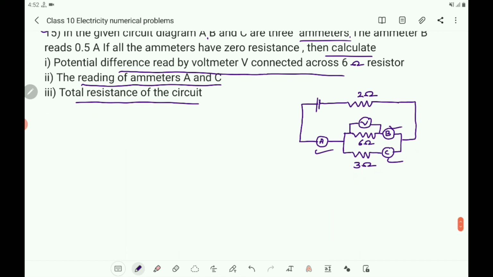So here first one, potential difference read by voltmeter V connected across 6 ohm resistance.